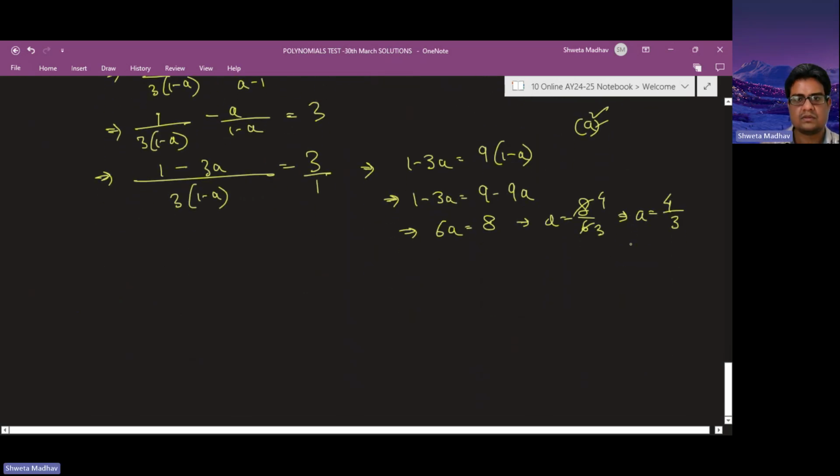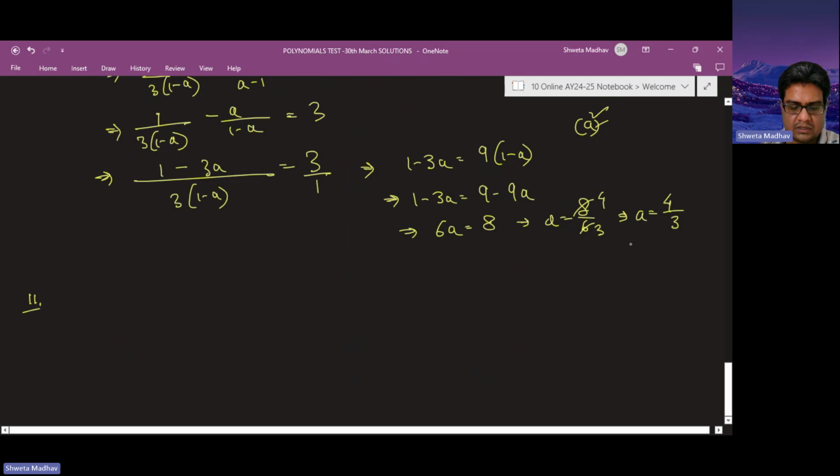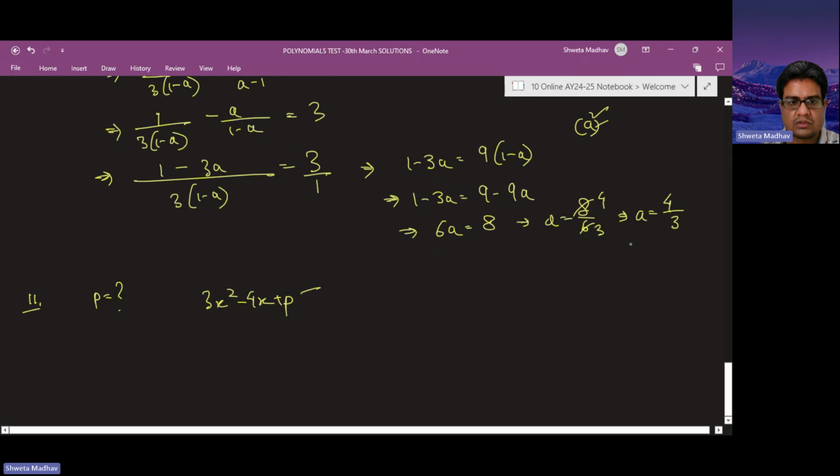Then we will start with section B questions, which starts from question number 11, of 2 marks each. In question number 11, it has been told to find the value of p for which one zero of the polynomial 3x square minus 4x plus p is the reciprocal of the other.